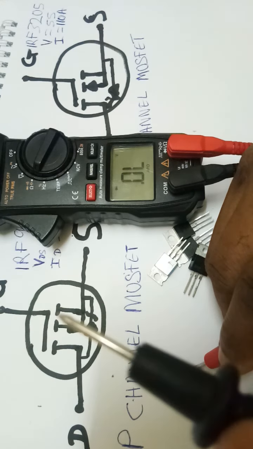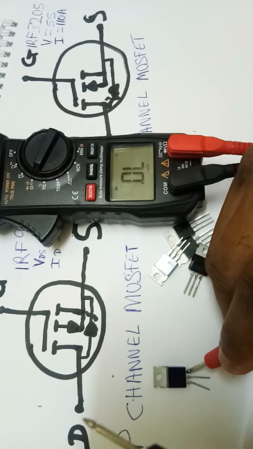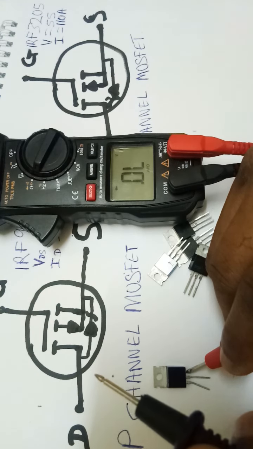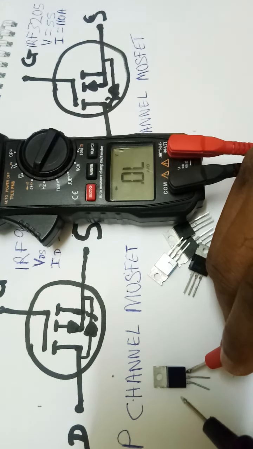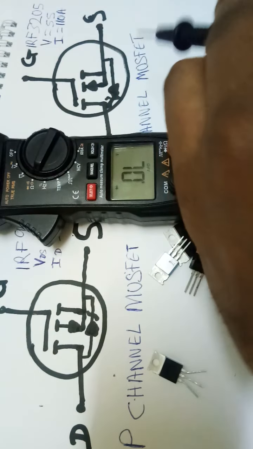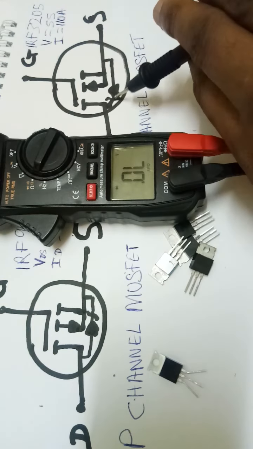and the black probe, we place it on the drain, because what we are testing is this diode here.